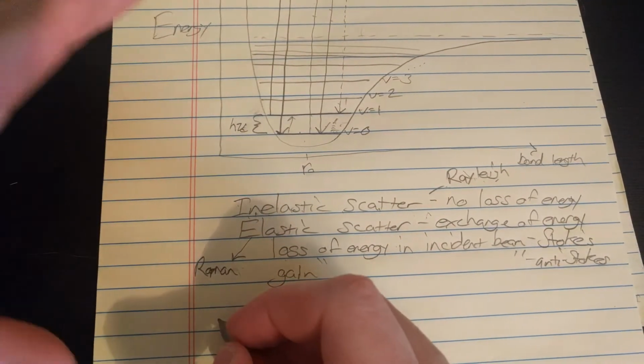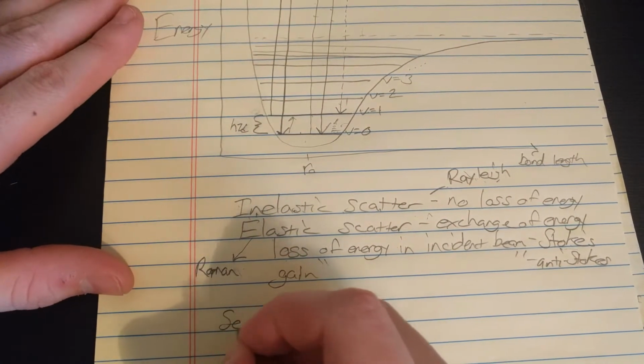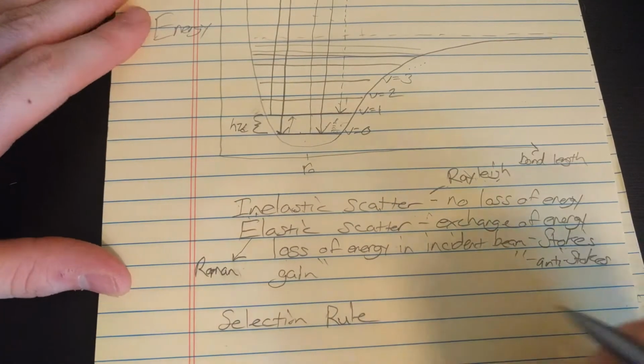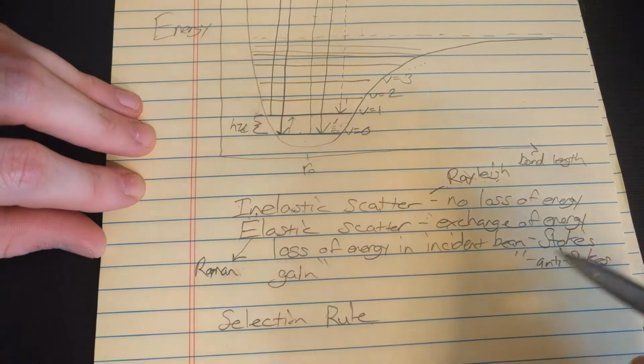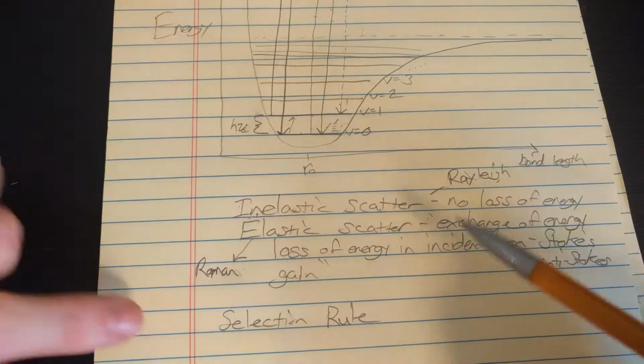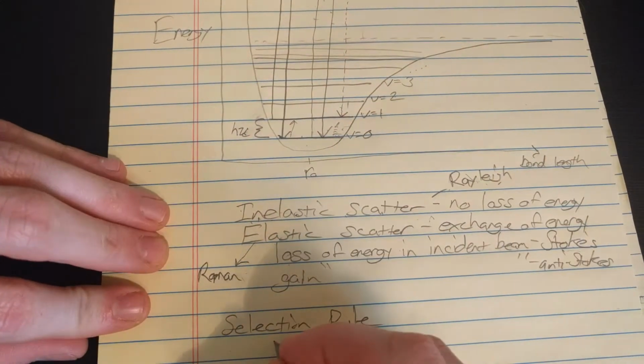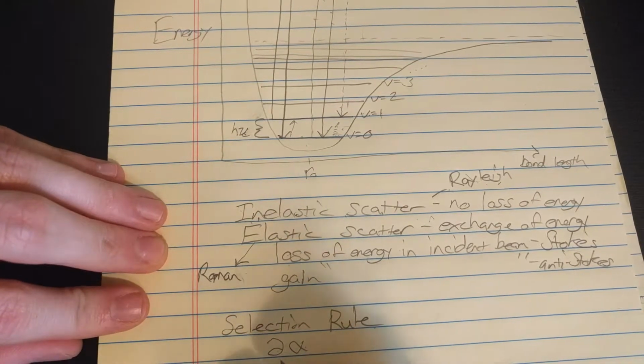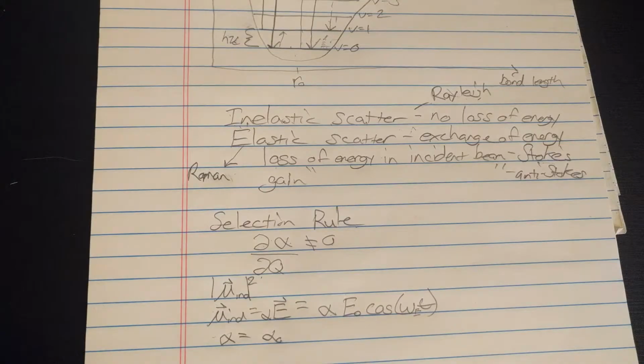And similarly to IR, there are selection rules. The selection rule for Raman spectroscopy is that the change in the polarizability with respect to the normal coordinate cannot be 0 for a transition to occur.